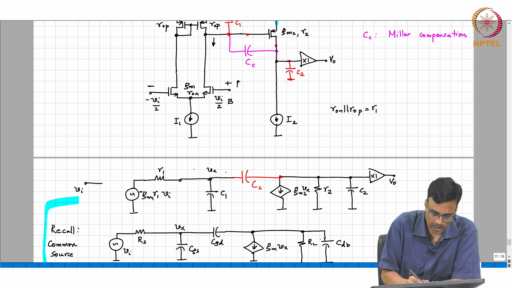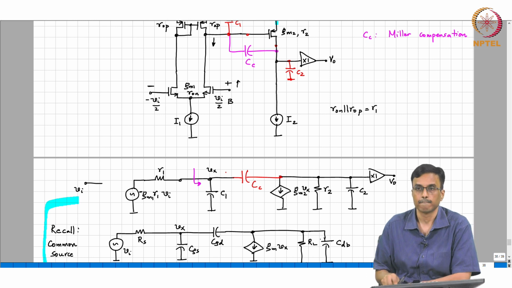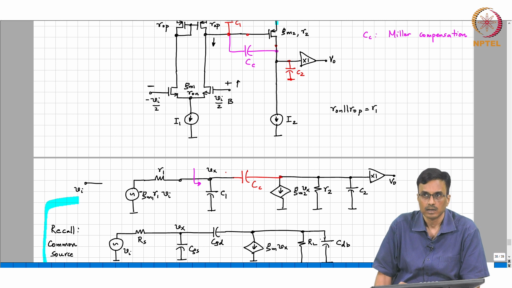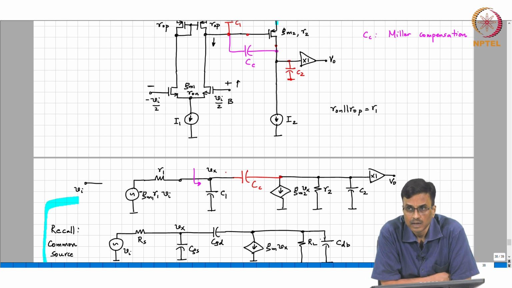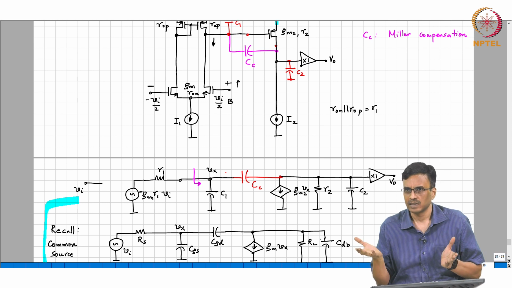What is the capacitance looking in here? C1 in parallel with? Very good. C1 plus CC multiplied by 1 plus GM2 R2. So, if GM2 R2 is very large, 1 plus GM2 R2 is the same as GM2 R2.